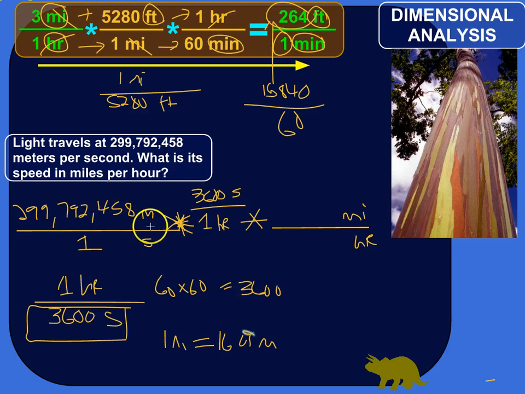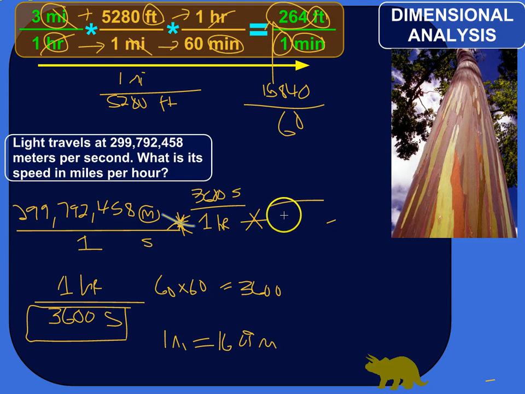So let's see, what we want to cancel out is miles. So I want to put miles on the bottom of this conversion factor because miles are on top here and I want those to cancel away.